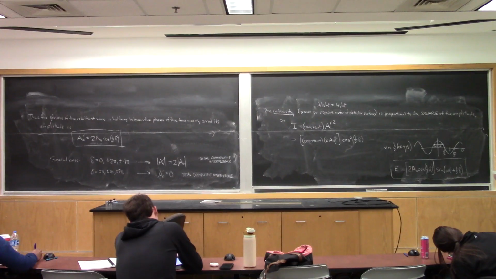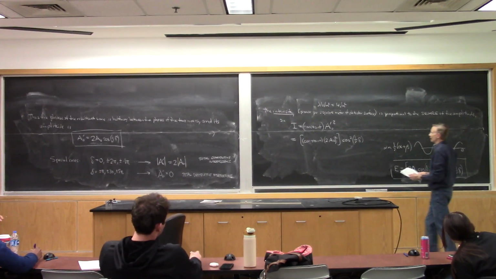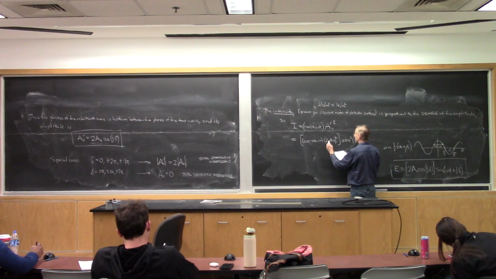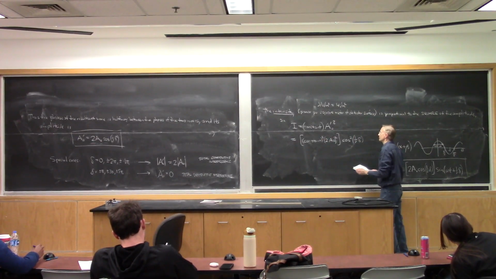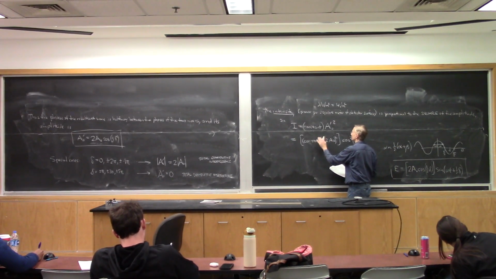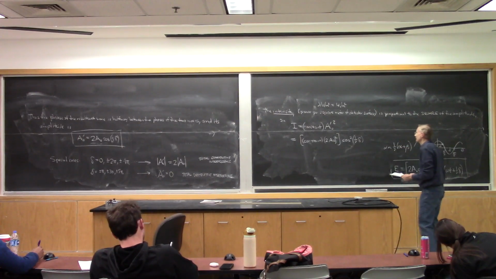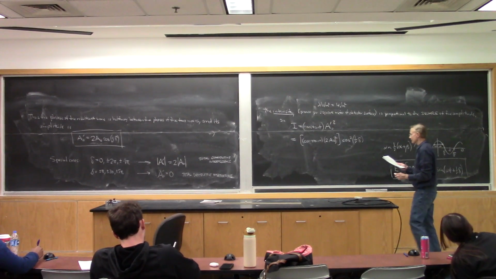So you'll get constant squared, if you want, times still just constant. So it's constant times 2A naught squared times cosine squared of half delta.